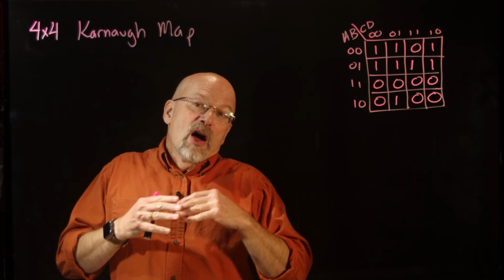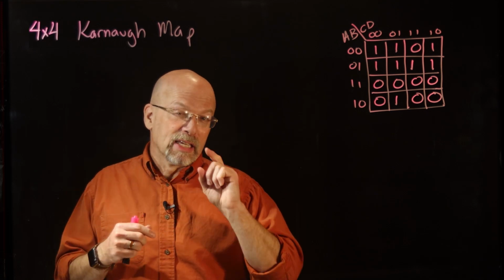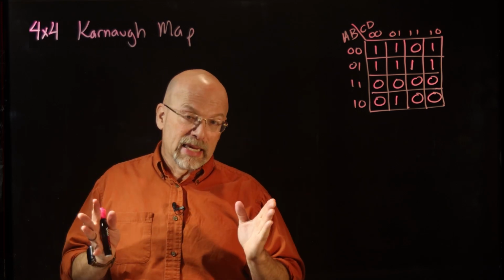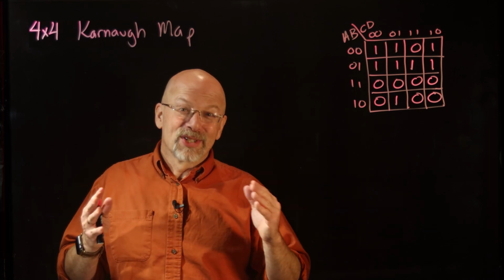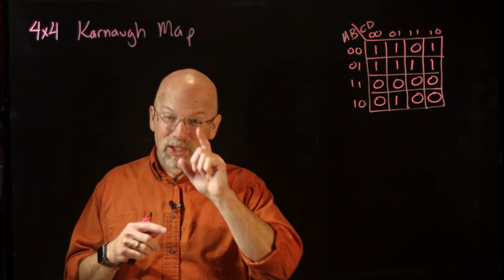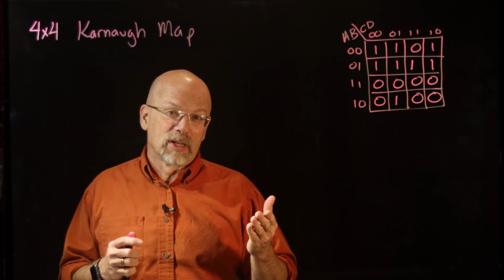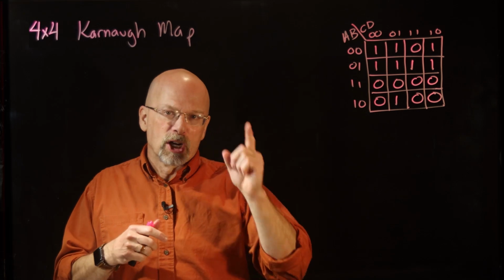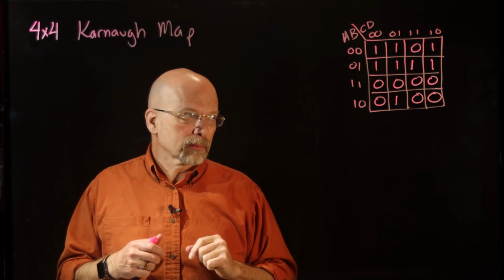Third rule, rectangles may overlap, but every single rectangle must have at least one cell that's unique to it. Another rule, all the cells in a rectangle must be 1s, because remember, each rectangle corresponds to a sum of products expression, and that sum of products expression is going to generate a 1 for all those rows of the truth table.